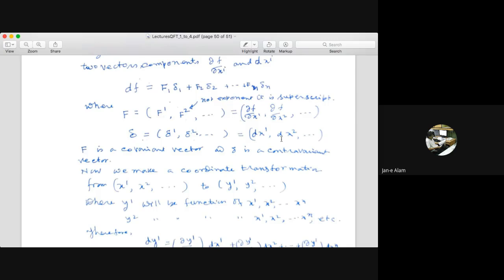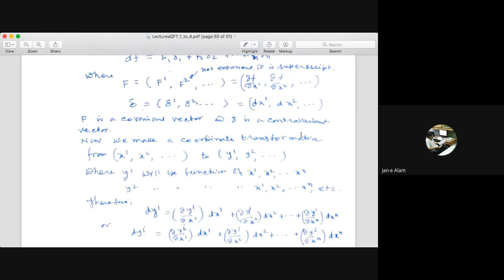And why are they contravariant and covariant? If you want to know that, you have to do some algebra. This f is a gradient, it is a covariant vector, but the dx1, dx2 will consist of a contravariant vector.